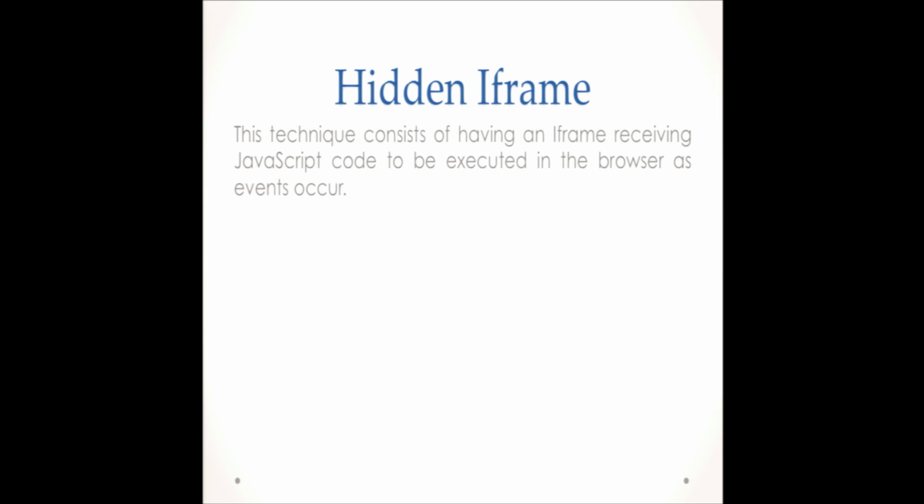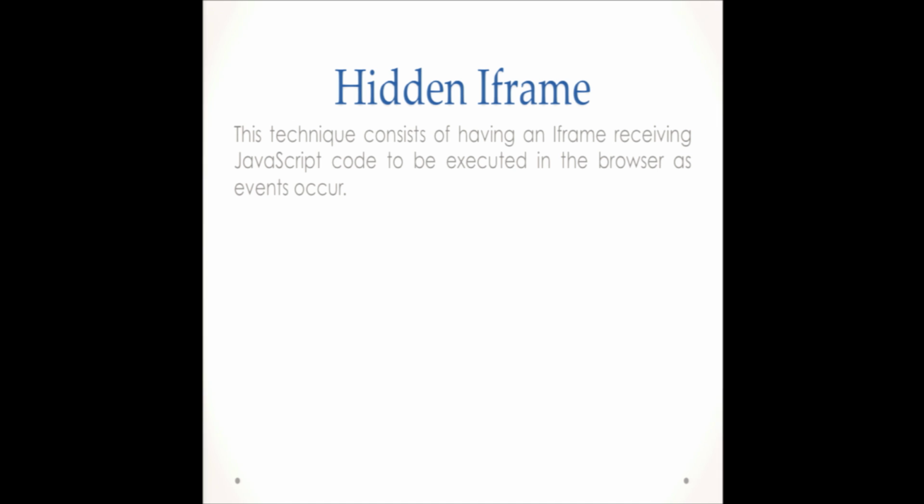So for a hidden iframe, I personally hate iframes. But basically, what we do with a hidden iframe is send a script tag to this hidden iframe. That script is going to contain code to be executed in the client.